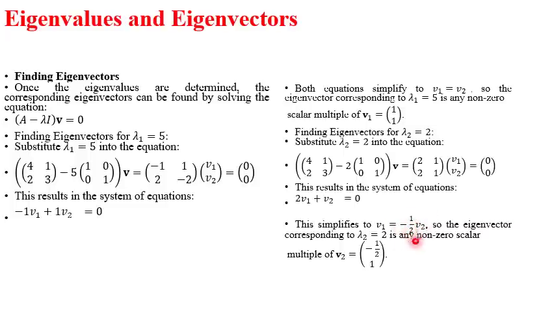This shows that whatever the value of v2, v1 will be minus half of that value, and that is what we've just represented here.